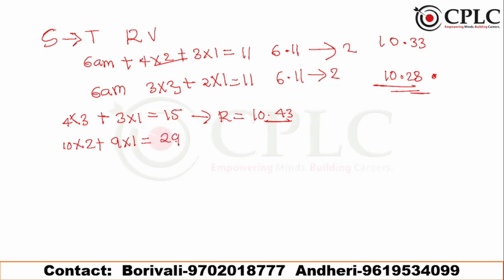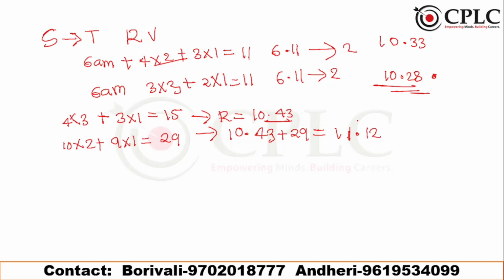So by the time she reaches S, it is going to be 10:43 plus 29 minutes, which will be somewhere around 11:12 a.m. That is 10:43 from where she is leaving R, and the remaining 29 minutes of the journey. So she will reach at 11:12 a.m.